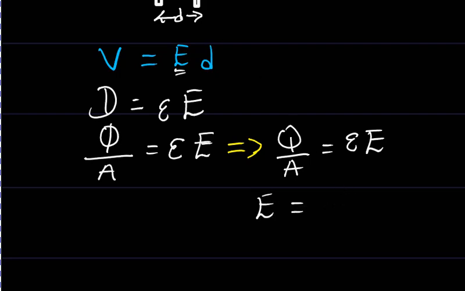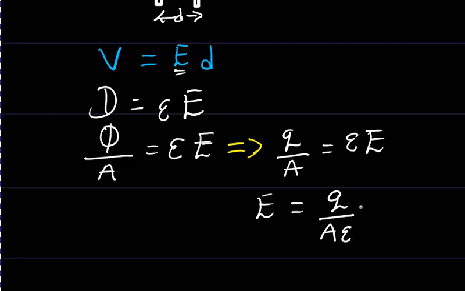Of course I'm using small letter q. So making E the subject, I'm going to have Q all over A epsilon 0, that is the permittivity of the medium.